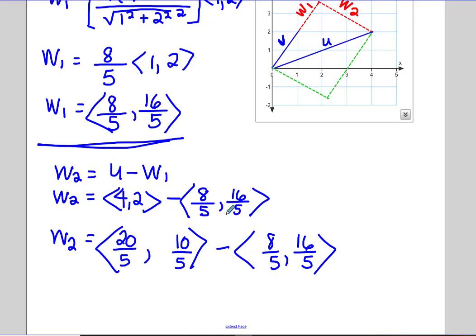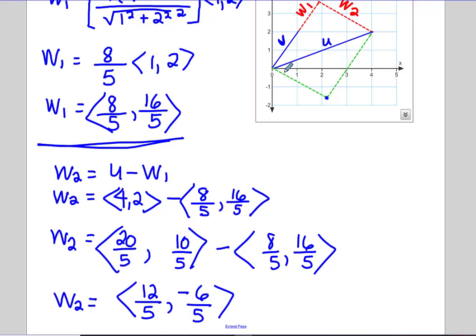So this vector minus this vector, so 20/5 minus 8/5, because we want to compare the A to the A and the B to the B. So 20 minus 8 is 12/5, and 10/5 minus 16/5 is negative 6/5. So this is my W sub 2, the second component, which means we would go out what, 2 2/5, and go down negative 6/5.